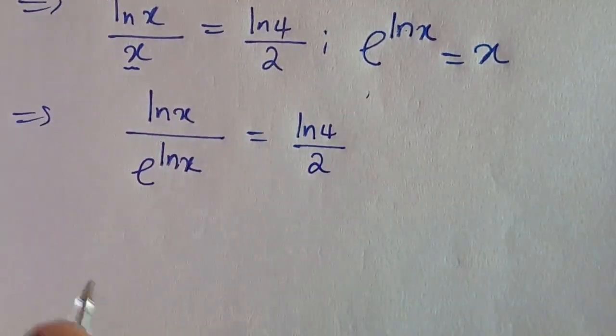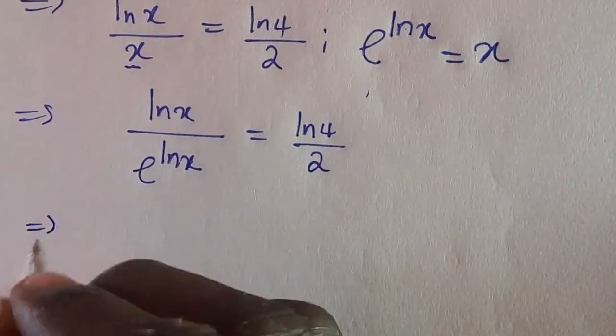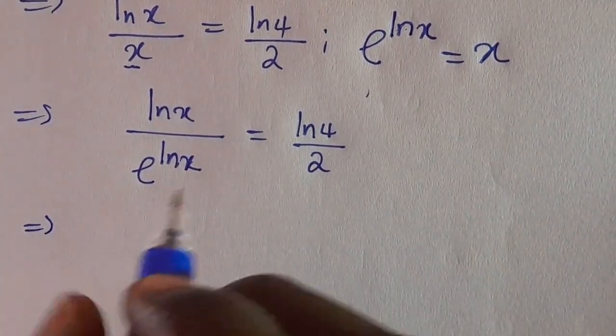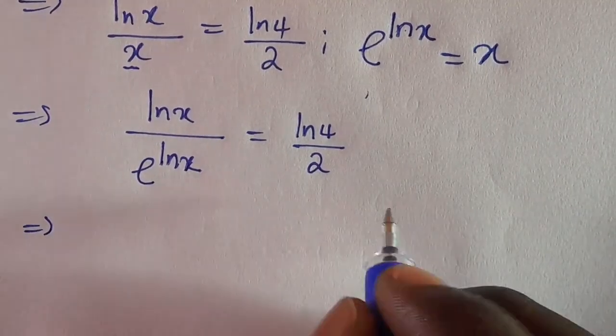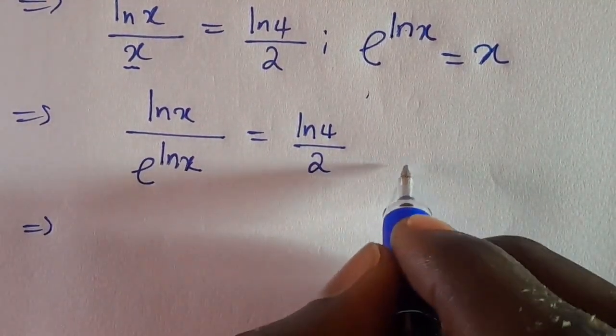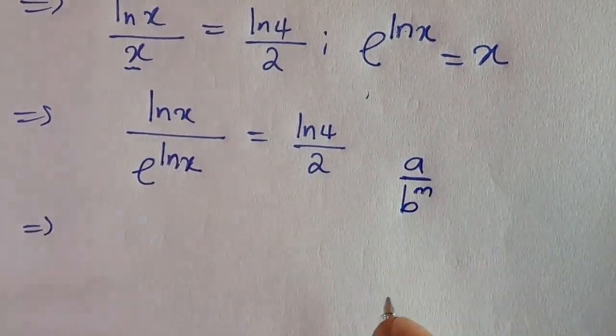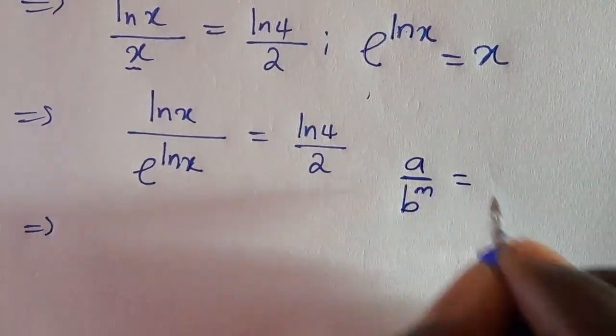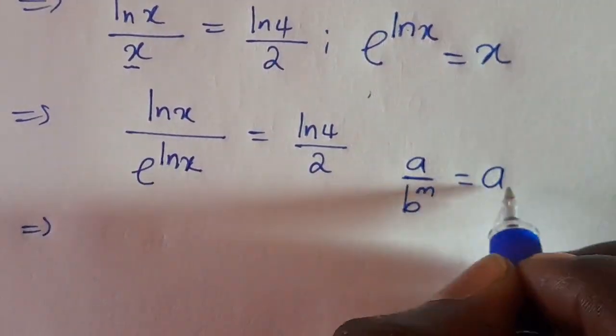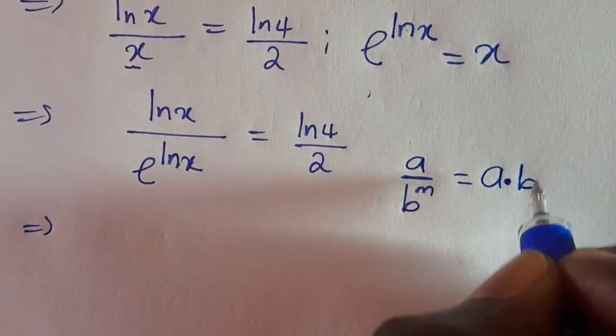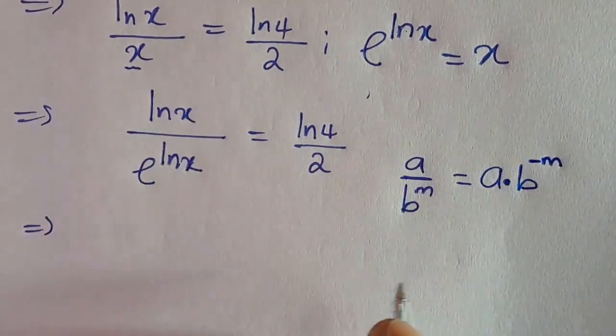So from here, guys, when you have a divided by b to the power of m, this is equivalent to a times b to the power of minus m.